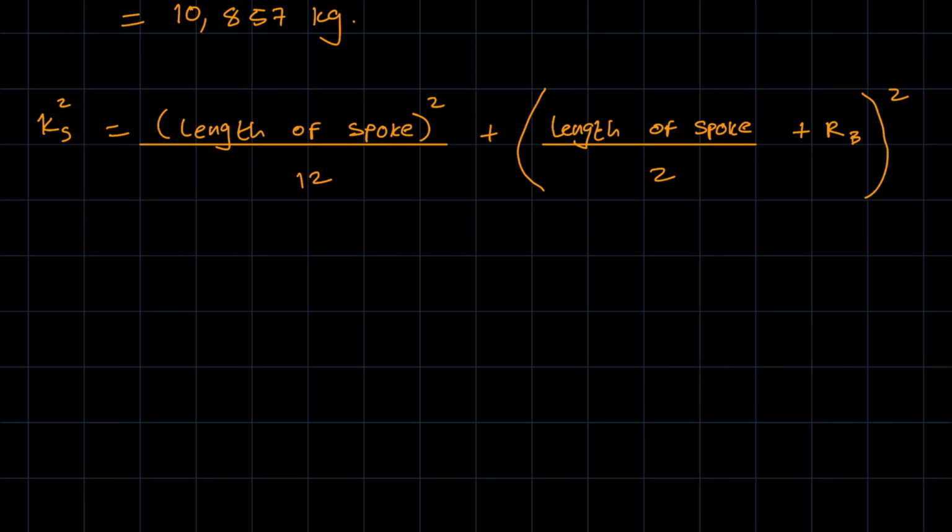To make this simple, I've come up with this formula, so we use this formula for the spoke in particular to calculate its radius of gyration squared.